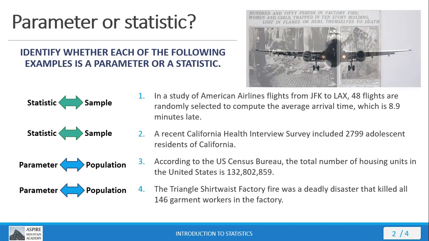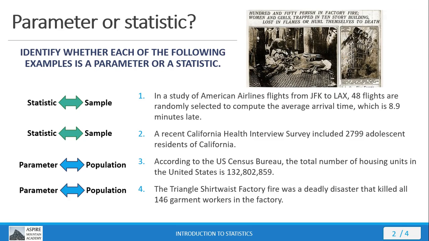And hey, if you don't know anything about the Triangle Factory fire, you should look into it. This was a defining moment in the history of labor in the United States. In 1911, a fire broke out in a New York City building where shirts were being made. To prevent workers from leaving work early, many of the doors on each floor were locked.